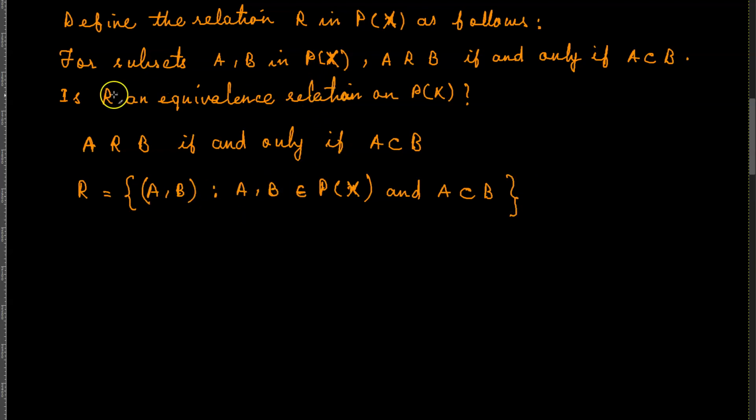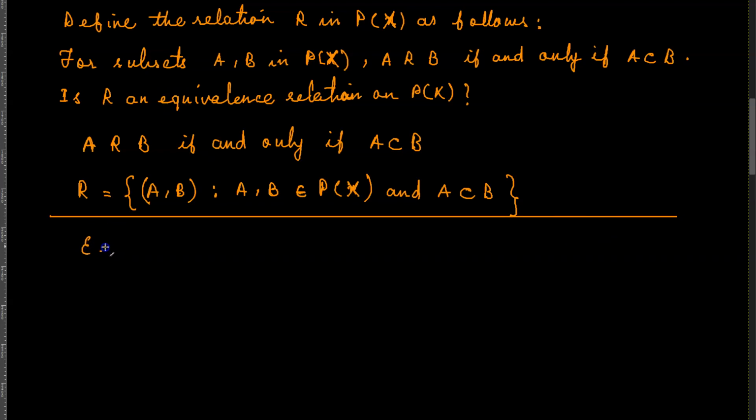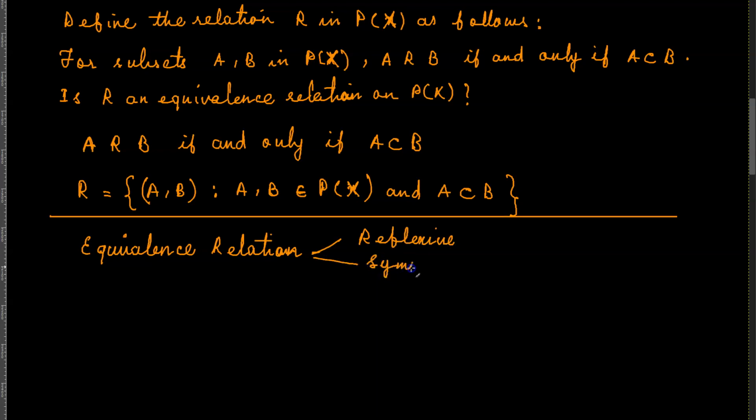So now you want to know whether R is an equivalence relation on P of X. In order to find that out, you know that an equivalence relation is basically a relation that is reflexive, symmetric, and transitive.